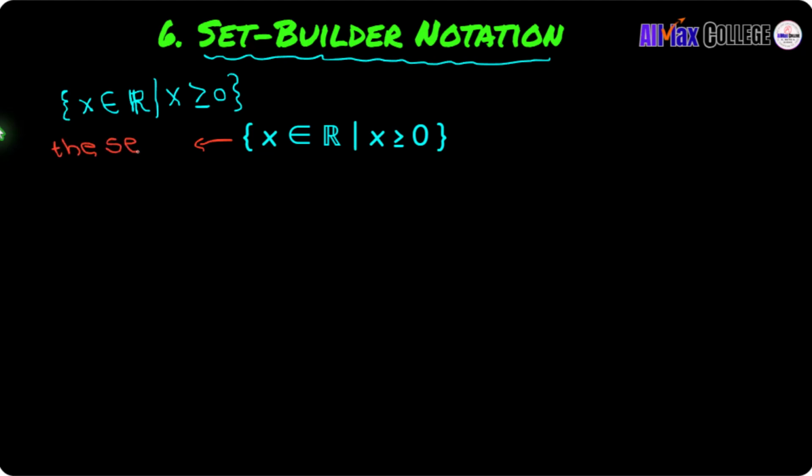The x epsilon R means x is a real number, meaning x can be any number on the number line, including decimals and fractions. The vertical bar means such that, and x greater than or equal to 0 is the condition.